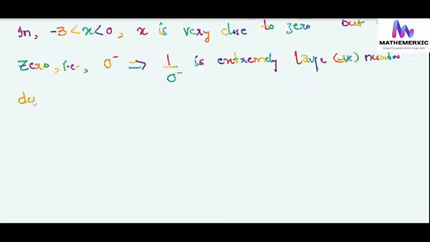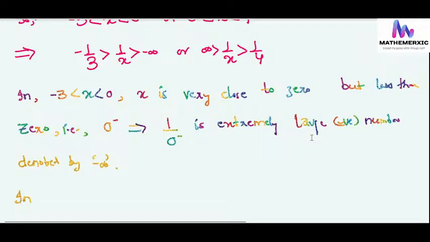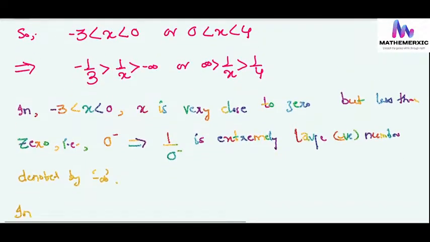Obviously you have to understand that also. So this is clear. Let us go further. So x is an extremely large negative number, so 1 by x is greater than negative infinity and obviously less than this.